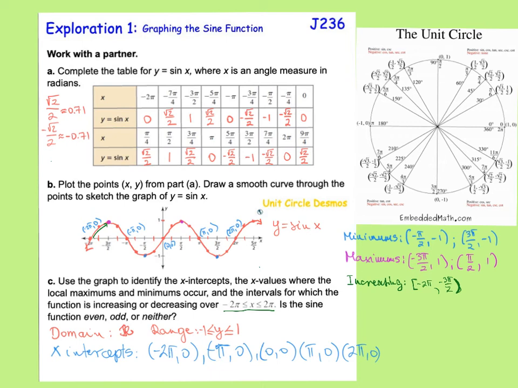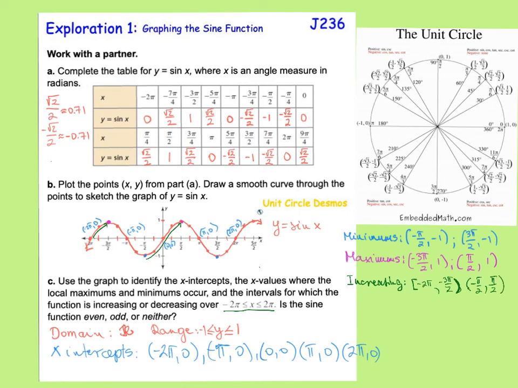It's also increasing from -π/2 all the way to π/2. Again, this is going to be a parenthesis because there is a minimum point at -π/2. So it starts at -π/2 and goes all the way to π/2.